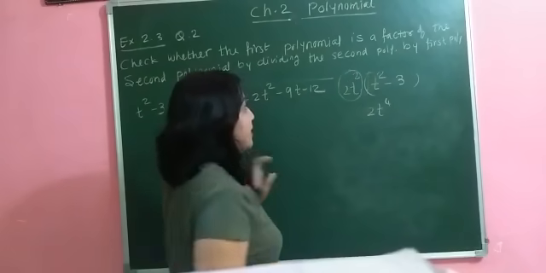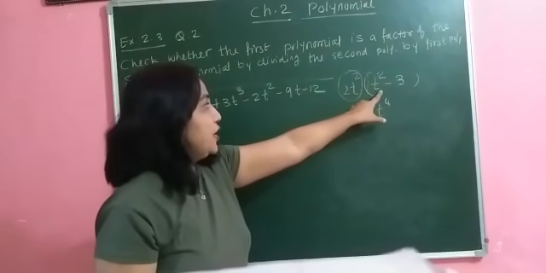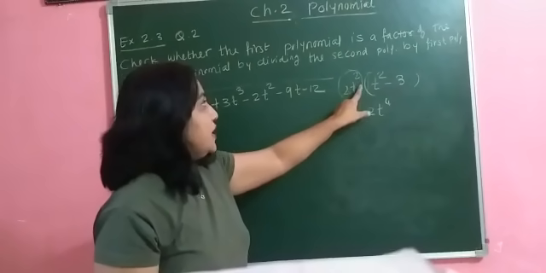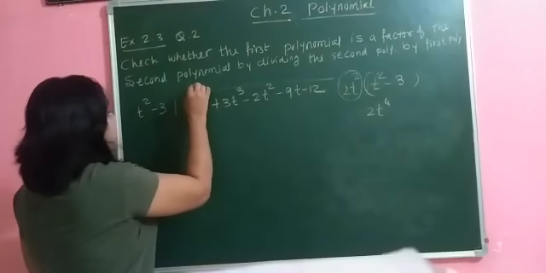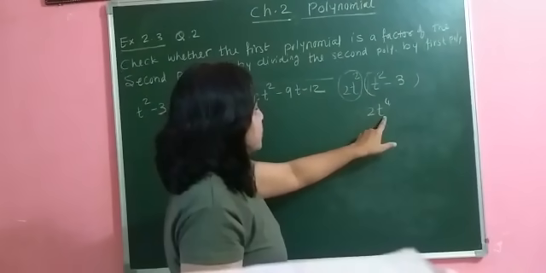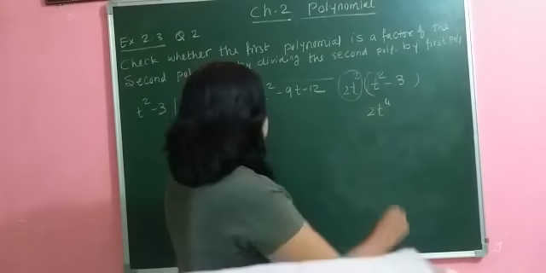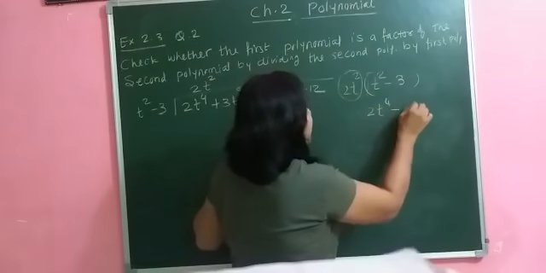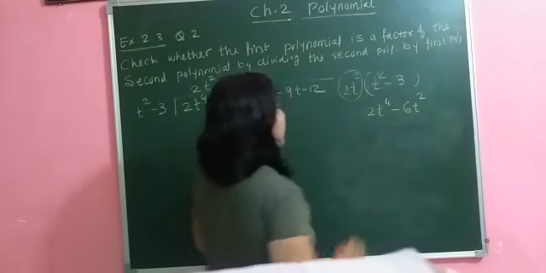So by multiplying this polynomial by 2t raised to 2, so I am writing here 2t raised to 2, I will get 2t raised to 4. Minus 3 2s are 6t square.